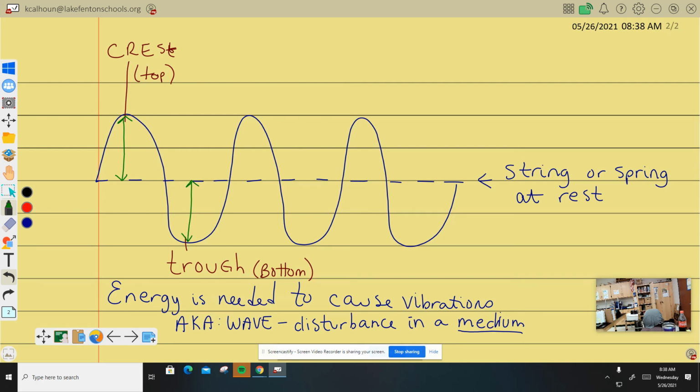Those are what we call amplitude, or amps, for those of you that are speaker files. If you like speakers and you like the sound, the amps are the height of the wave. So I'm going to put amp as an abbreviation, and then up at the top I'm going to write down amplitude.